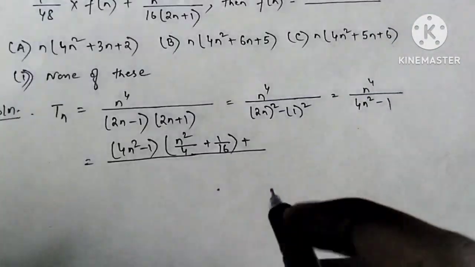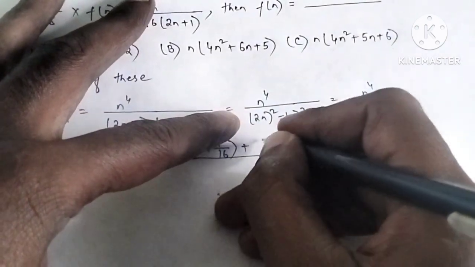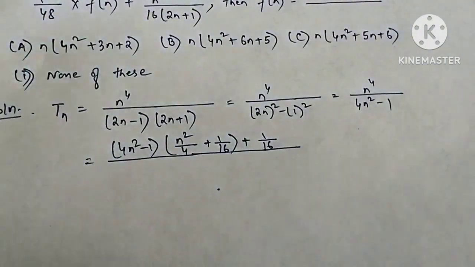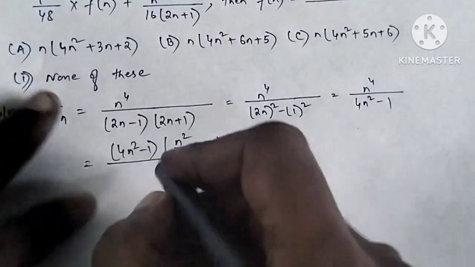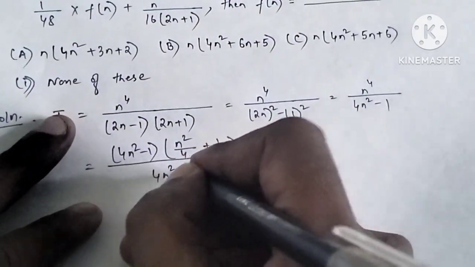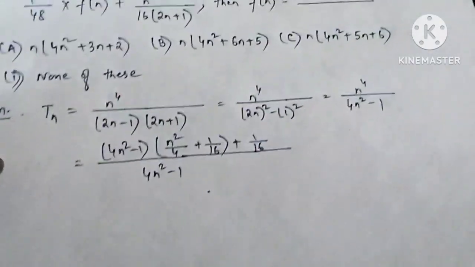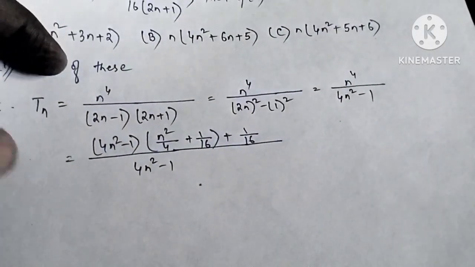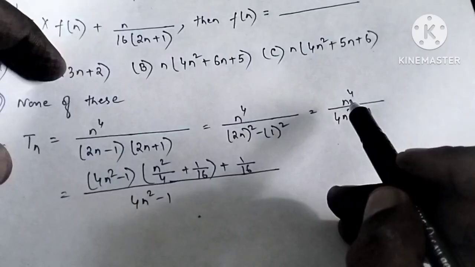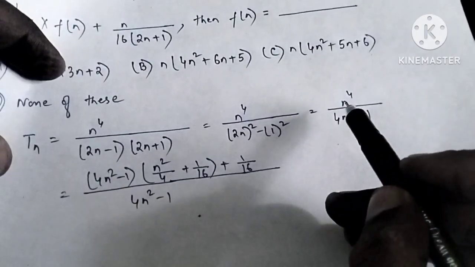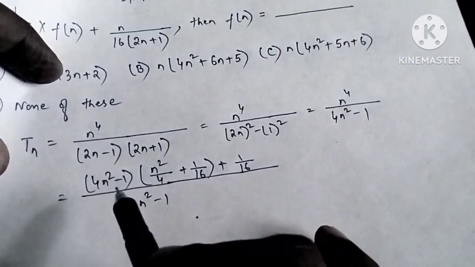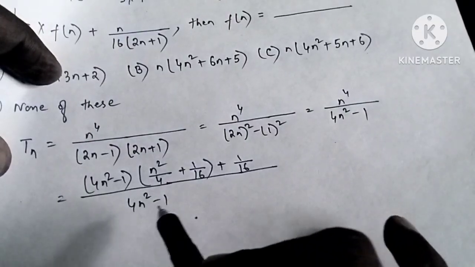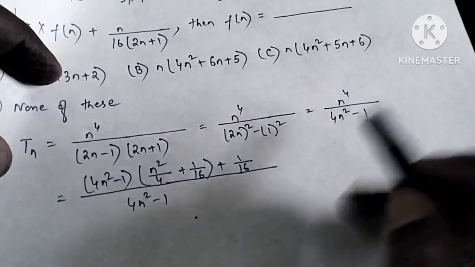Remainder is 1 by 16. And in the denominator we have 4n square minus 1. I hope you understood what I said just now. n to the power 4 is the dividend. This is the divisor. So dividend can be written as divisor into quotient plus remainder. And in the denominator, I am writing as it is.